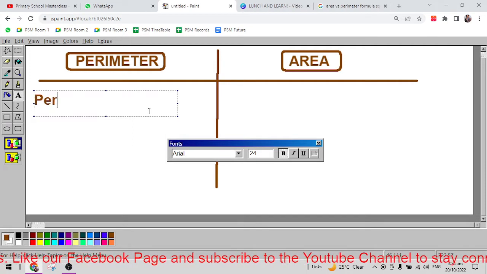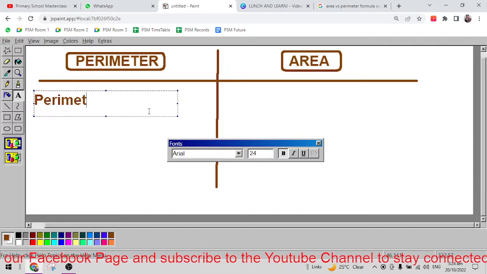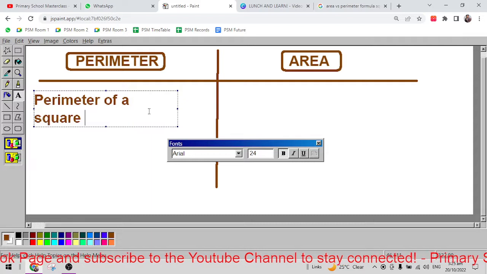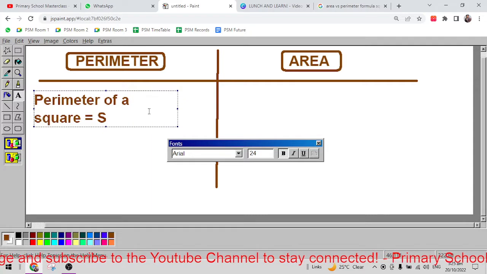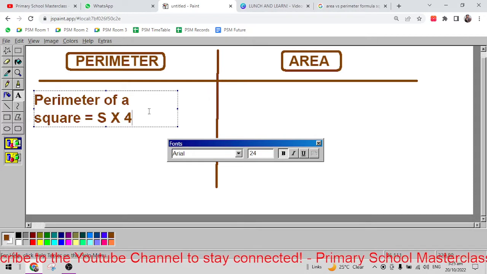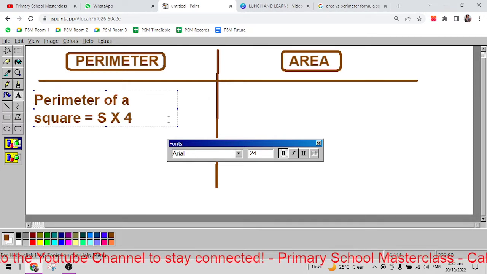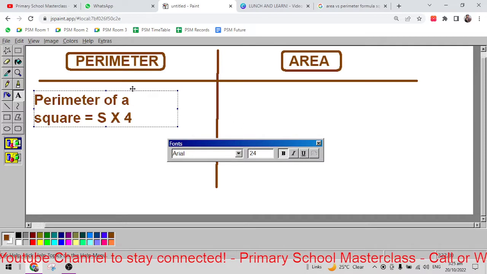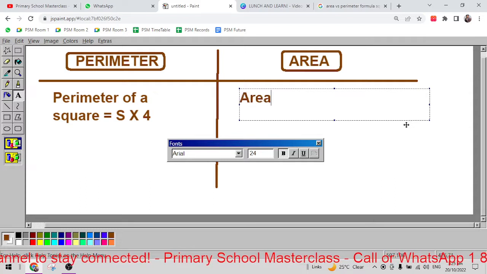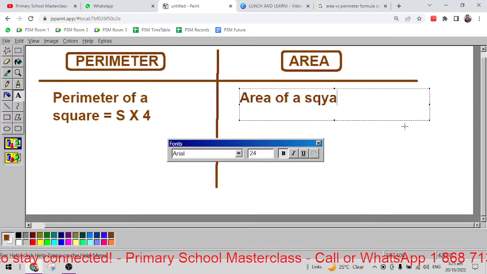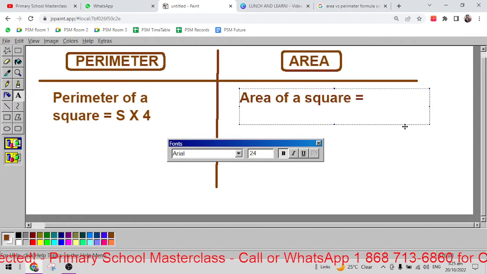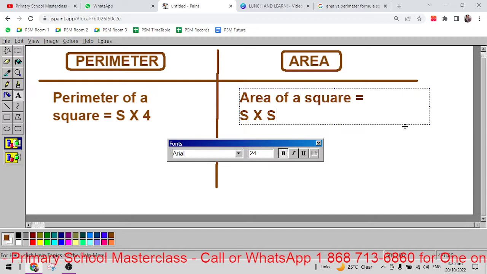Perimeter of a square is side multiplied by 4. Area of a square is side multiplied by side.